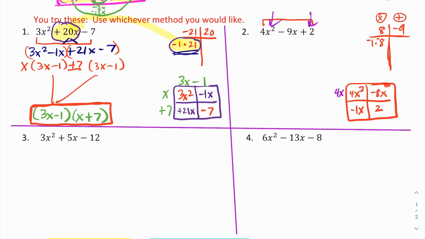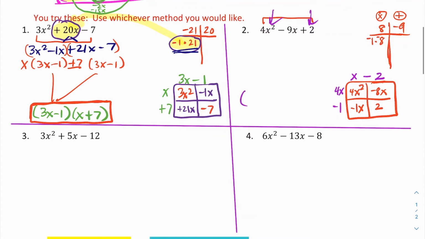If I take out a 4x from both of them, or divide it out, factoring is division, I'm left with, excuse me, an x minus 2. Then x times what gives me negative 1x, and that's a negative 1. So your answer is 4x minus 1 and x minus 2.